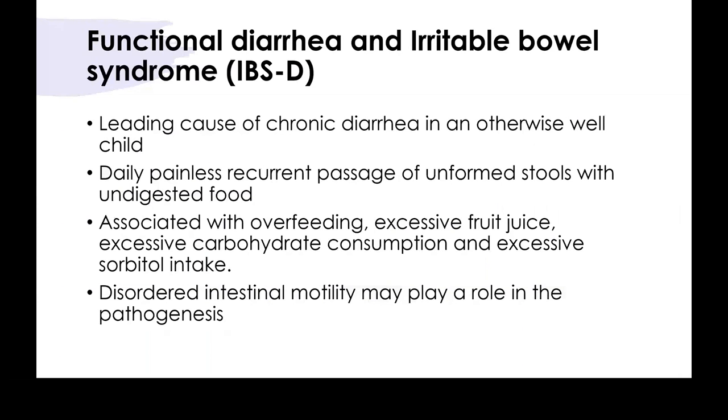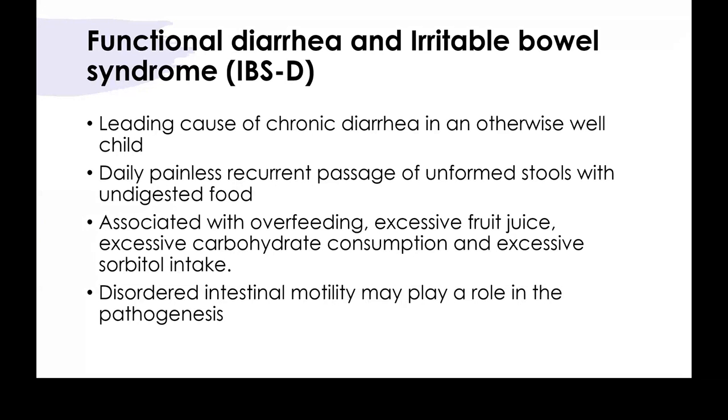Another interesting group of disorders which give rise to chronic diarrhea is functional diarrhea and irritable bowel syndrome D. I hope you understand what I mean by irritable bowel syndrome D. It is irritable bowel syndrome with diarrhea. There is another entity called irritable bowel syndrome without diarrhea. This is with diarrhea.